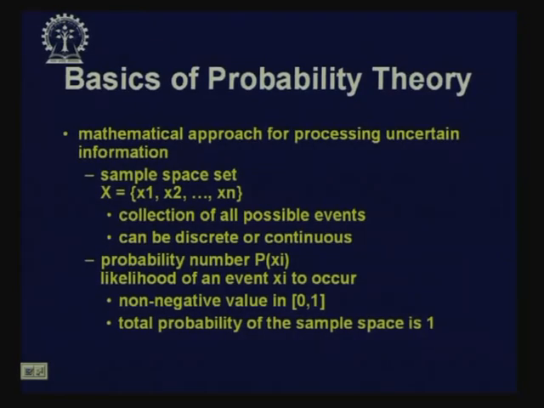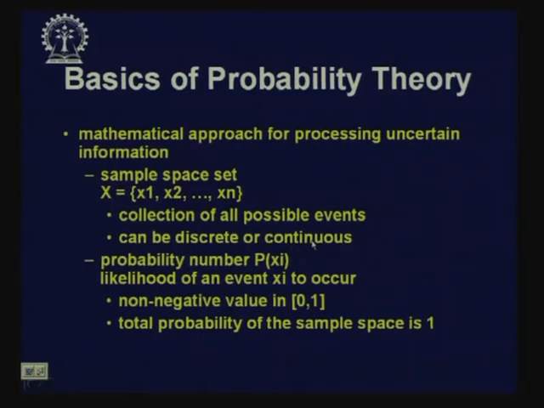Probability theory is a mathematical approach for processing uncertain information, and we talk about a sample space. What is a sample space? The set of all possible events. For example, when we toss a die which has 6 faces, the possible outcomes are 1, 2, 3, 4, 5, 6.